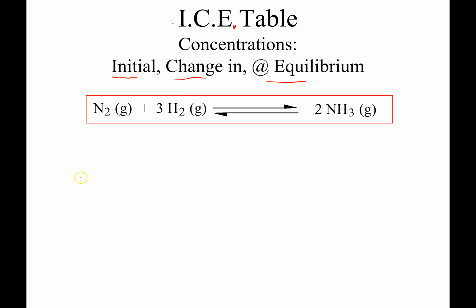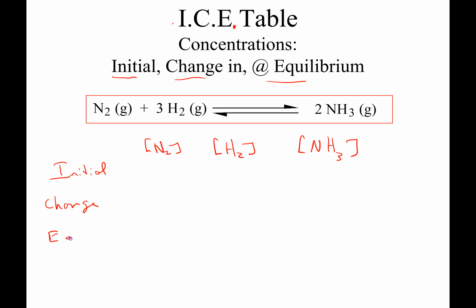I make these columns for each of the species. I have a column for the molar concentration of N2, a column for the molar concentration of H2, and a column for the molar concentration of NH3. And then I'll write I for initial, so these will be my rows, C for change, and then E for at equilibrium.